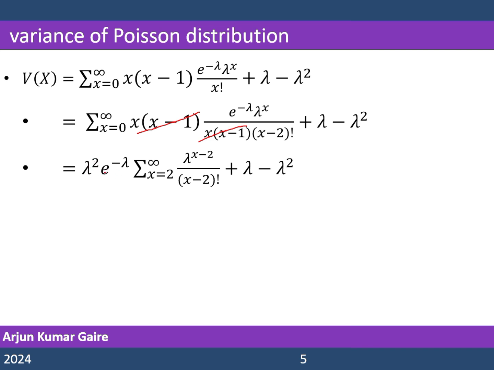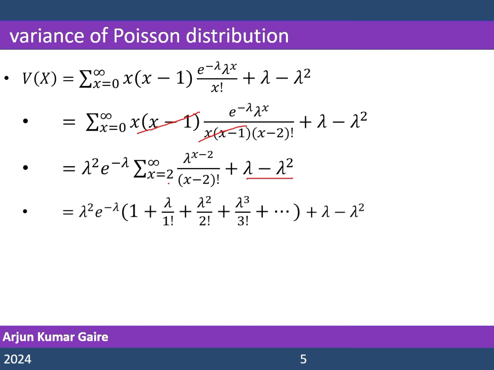As earlier in the mean, e to the power minus lambda is independent of the summation, so it goes outside the summation, and these two terms remain the same. After substituting, x ranges from 2 to infinity, and here also these terms cancel out. When x is equal to 0 and 1, x minus 2 factorial leads to infinity, and 1 by infinity becomes 0.